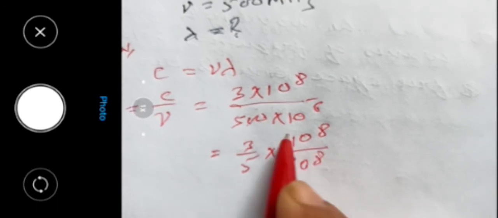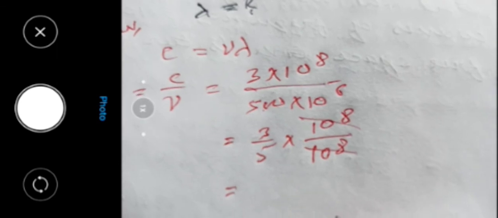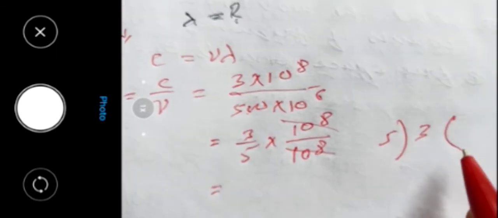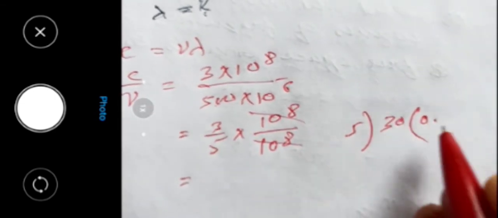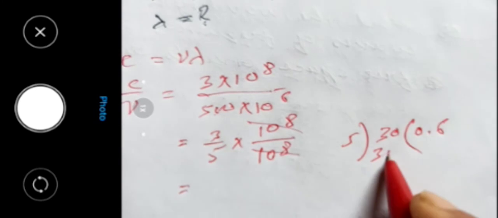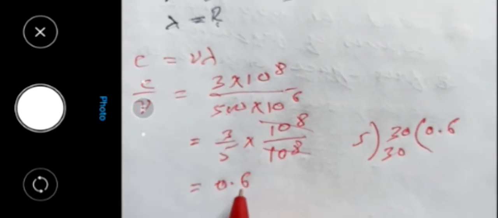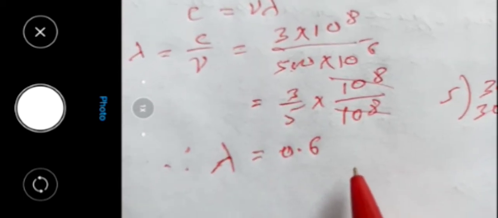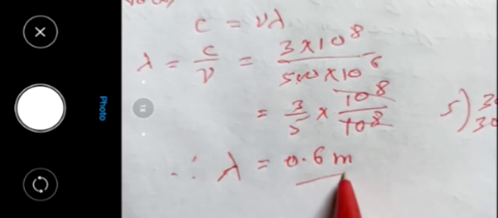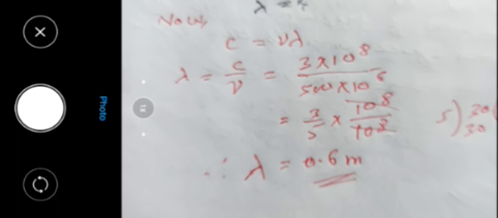So we can cancel up and down. Then 3 by 5: 3 divided by 5 means there will be a decimal, and 5 6s are 30, so 0.6. Therefore, the wavelength is 0.6, and its unit is meter. So we find the answer to the given question.